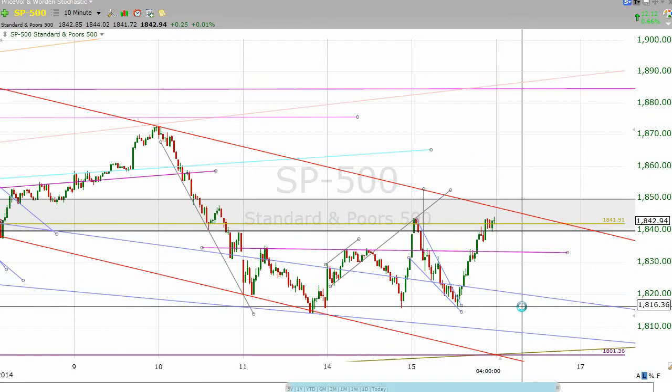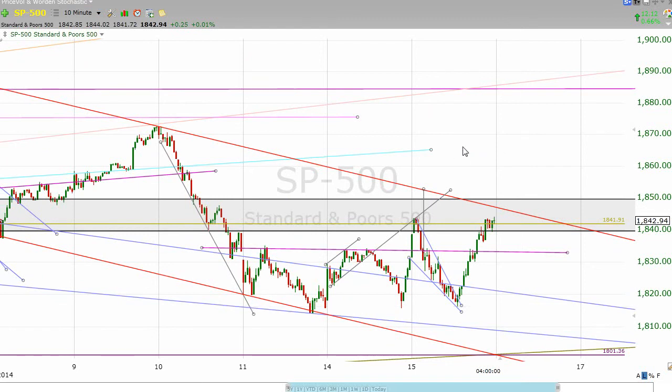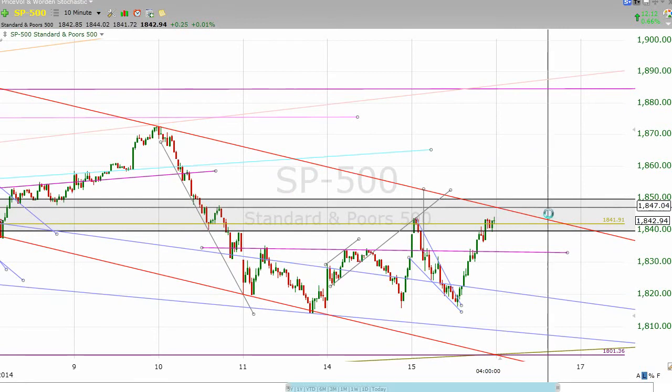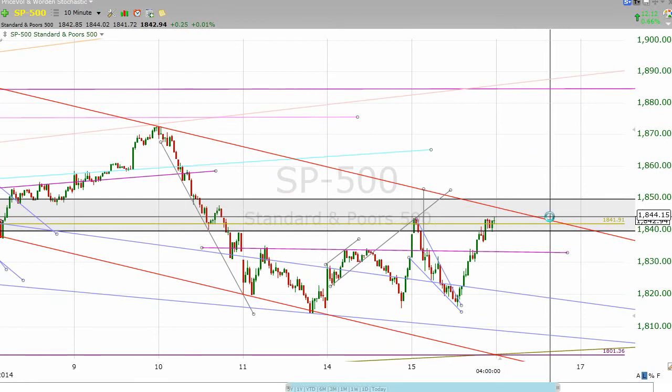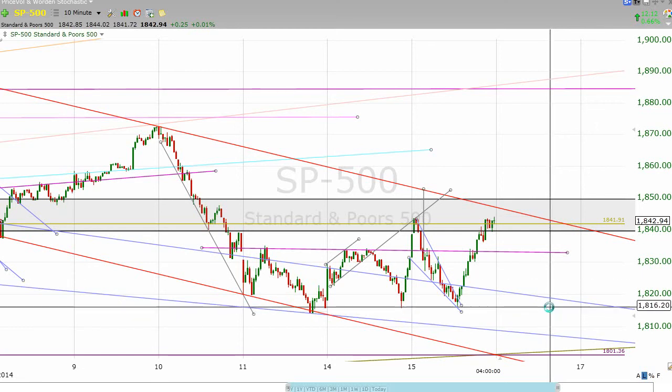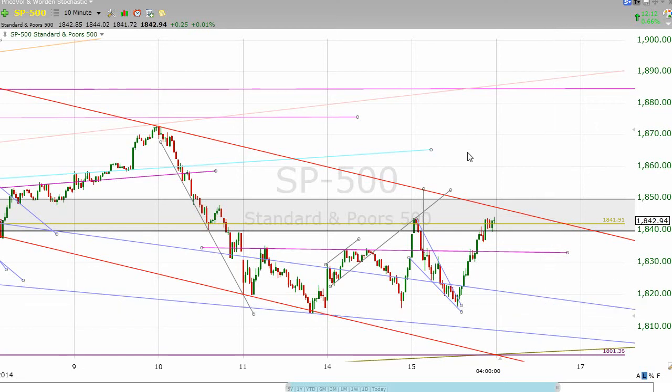So we're looking at about a 26, 27 point swing from the high to the low, then back up to the high. Let me see if I did my math right. 44. So yeah, about 27, 28 points. So that's kind of interesting.